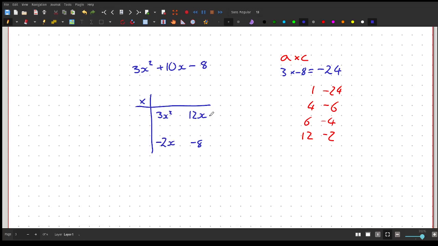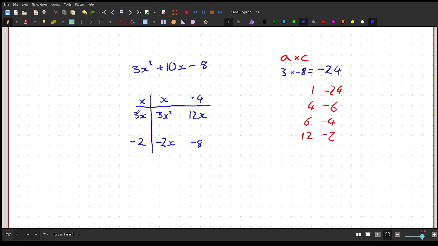Then I factor common factors out of the rows and columns. The common factor of the first row is 3x. The common factor of the second row is negative 2. Negative 2 divides negative 2x and negative 8. The common factor of this column is just x, and the common factor of this column is 4.